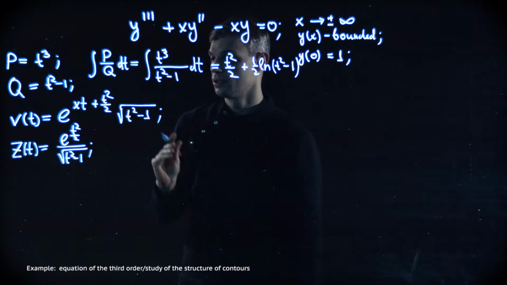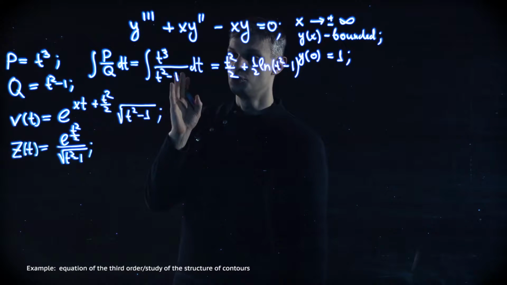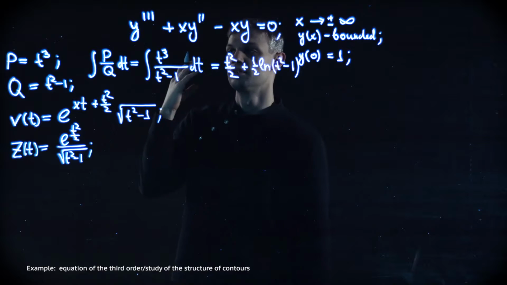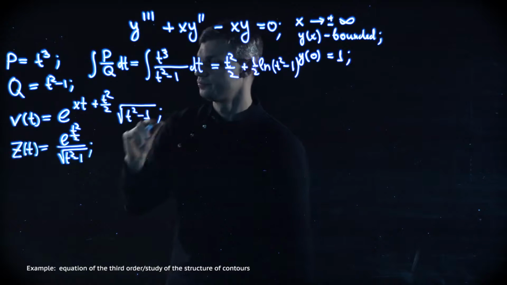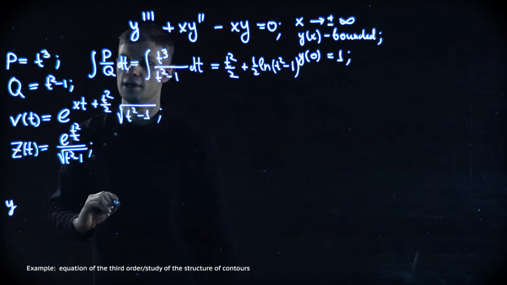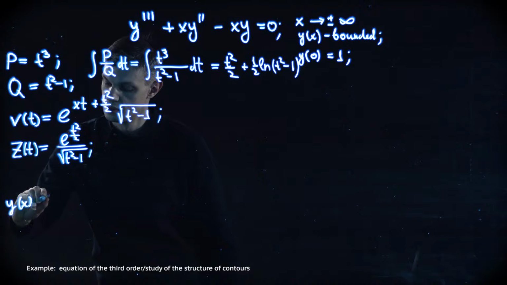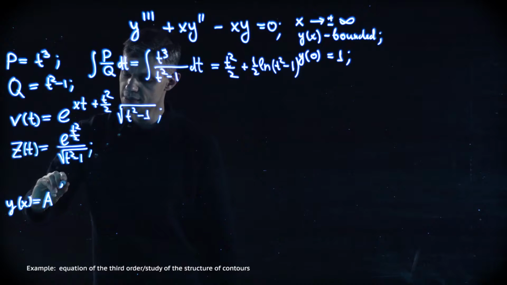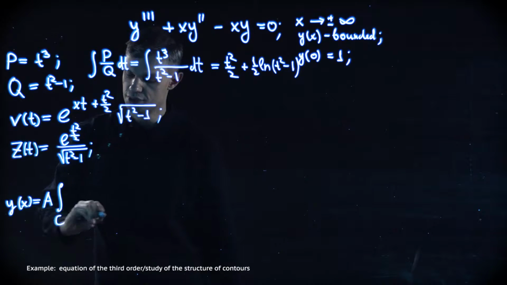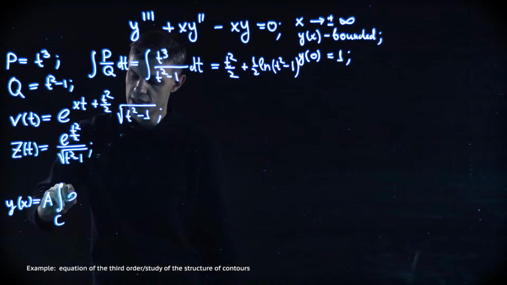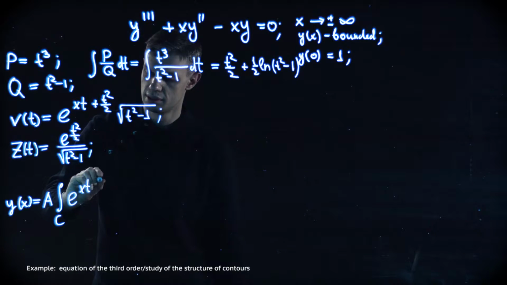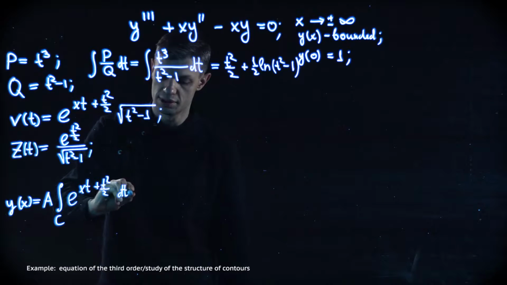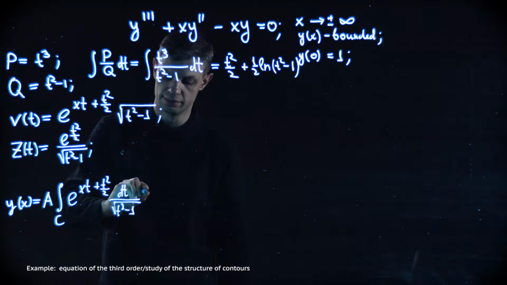Right, so now we are ready to write down our exact solution in the form of linear contour integral. Right, so our solution is some constant a times the contour integral of e to xt plus t squared over 2 dt over the square root of t squared minus 1.